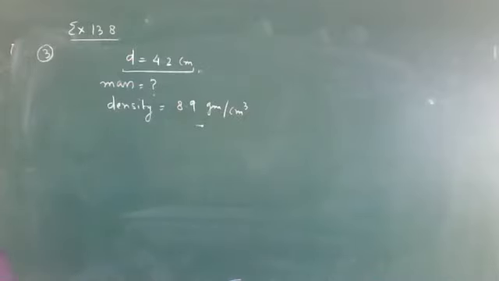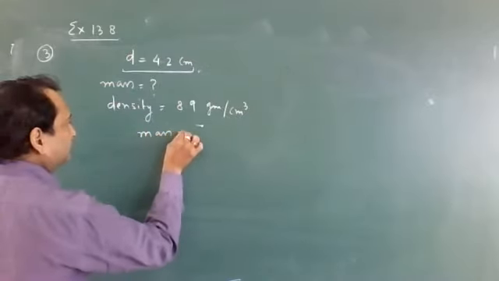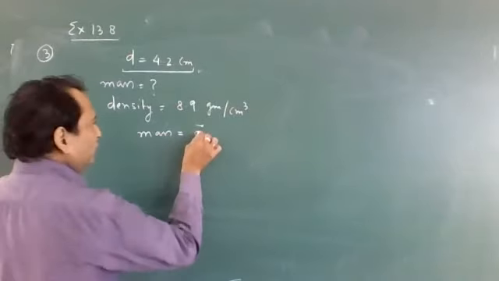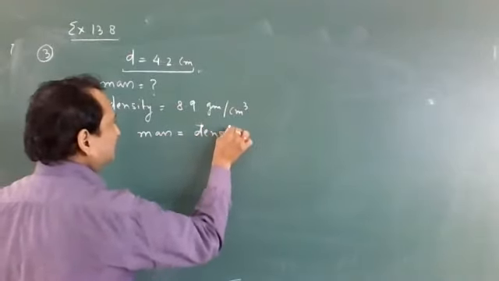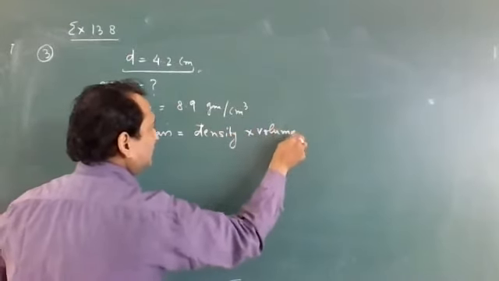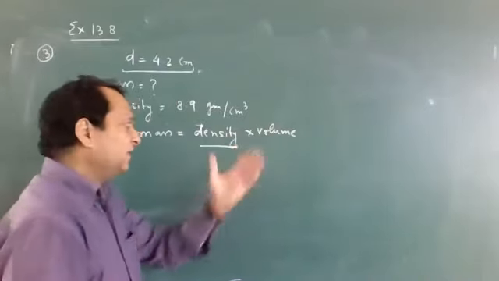We know that mass is equal to density into volume. Generally density equals mass upon volume, so mass equals density into volume.